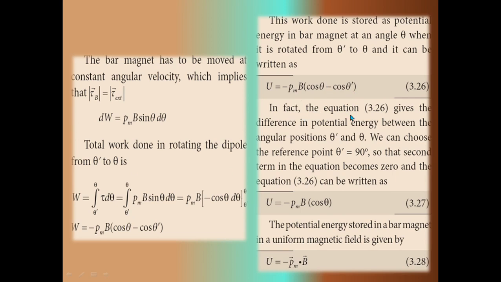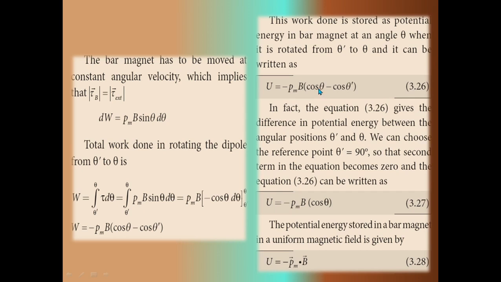In fact, equation 3.26 gives the difference in potential energy between the angular positions theta dash and theta. We can choose the reference point theta dash is equal to 90 degrees, so the second term in the equation becomes 0. Why? Because cos 90 degrees is 0.